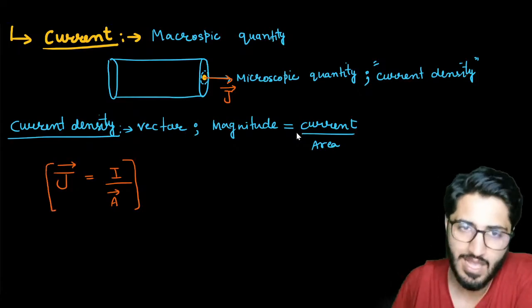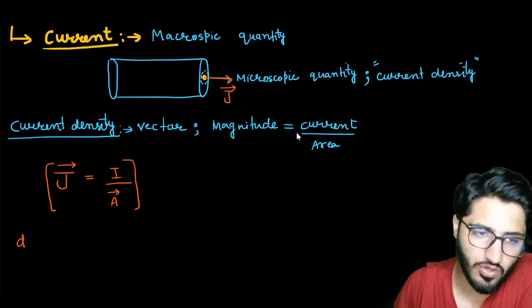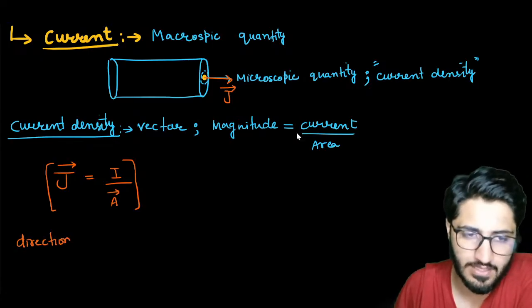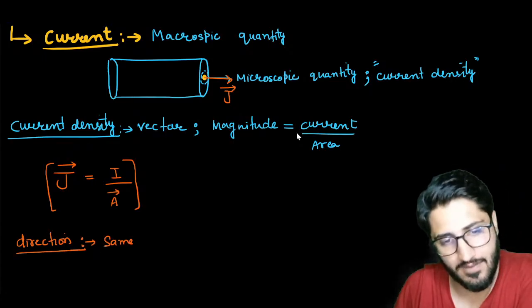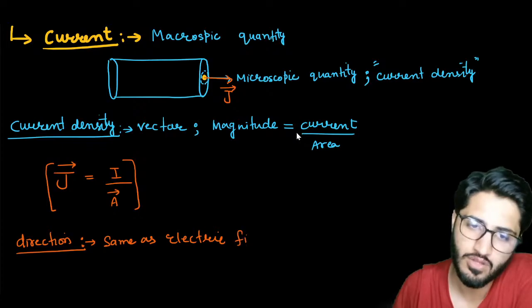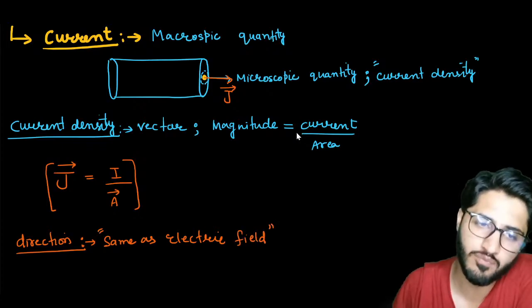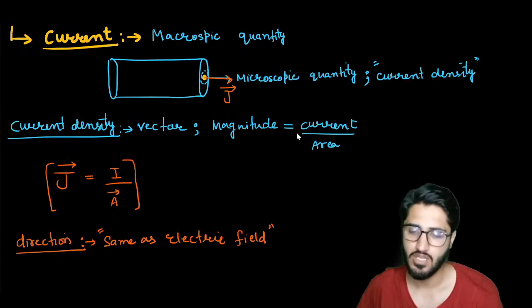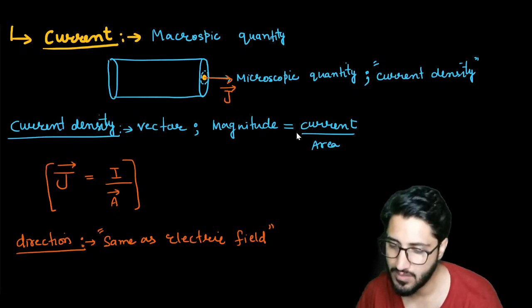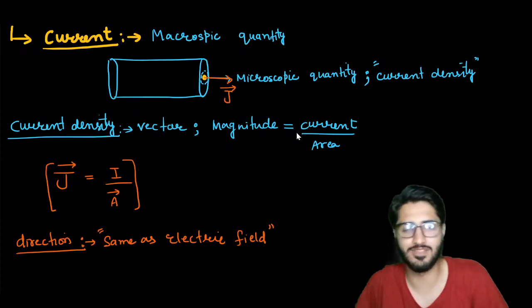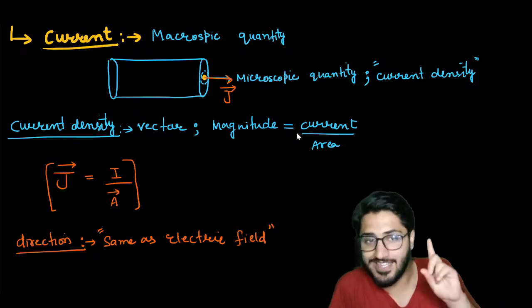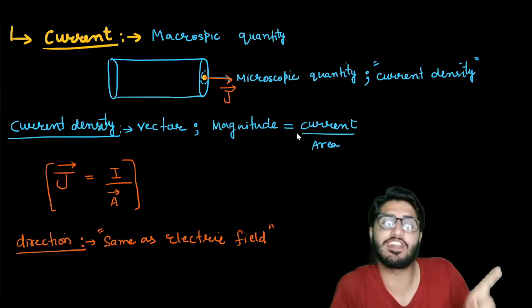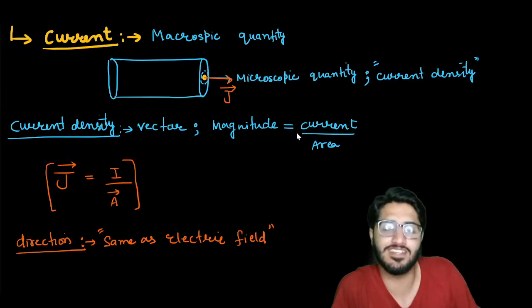And now its direction. The direction of current density is the same as the electric field. If you want to get the direction of current density, you need to find the electric field. If you write J cross A, that is a cross product, which gives a vector, but current is a scalar.